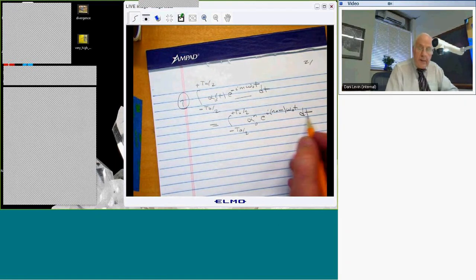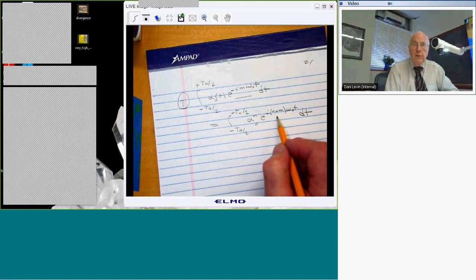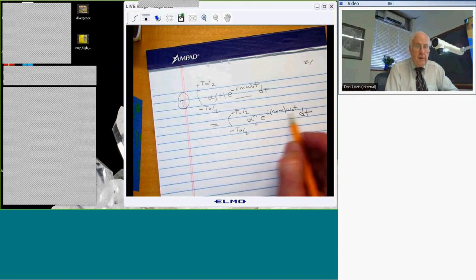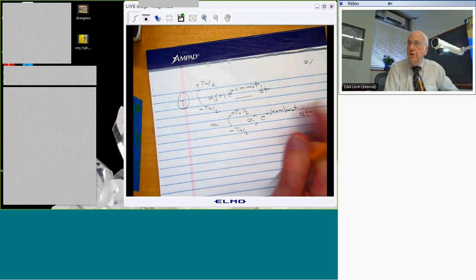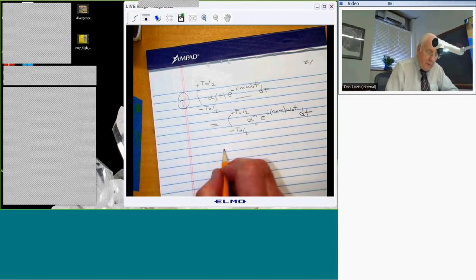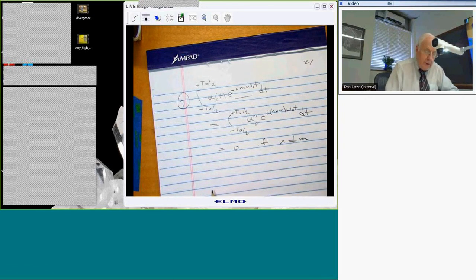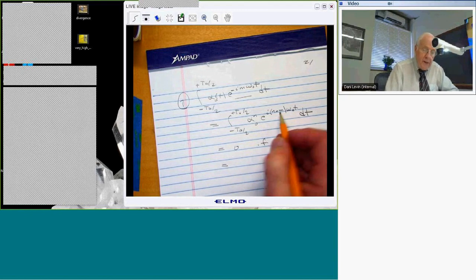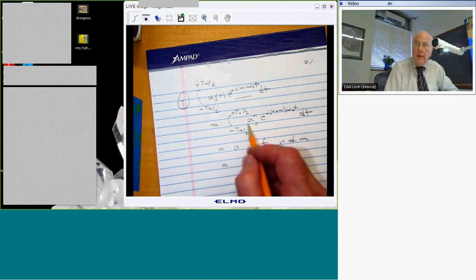The right-hand side is 0 most of the time, pun intended. The only time it's not 0 is when n equals m. And this is just a matter of looking at trigonometric functions and performing the integral. So the right-hand side is 0 if n does not equal m. And if n does equal m, then this factor, of course, is unity, right? This is a constant, doesn't depend on time.